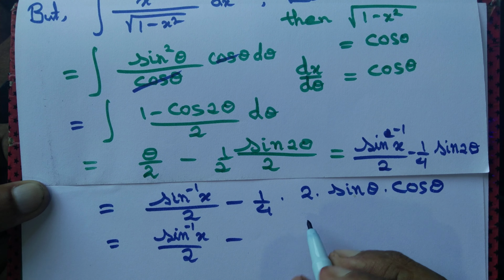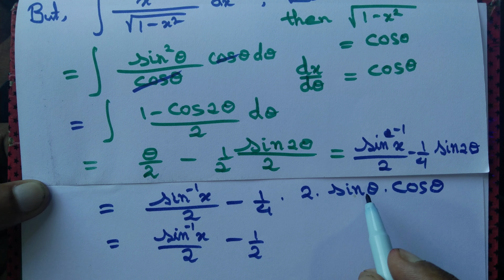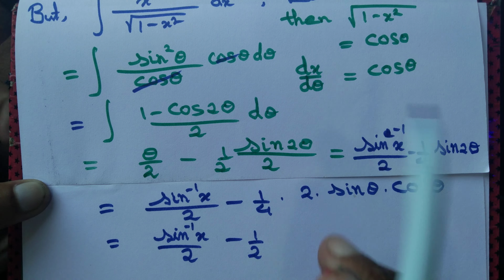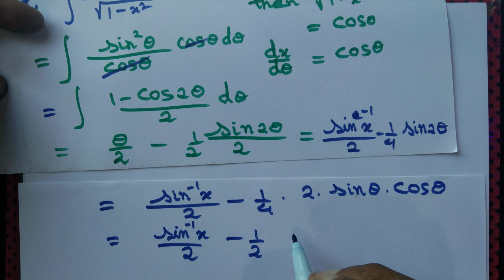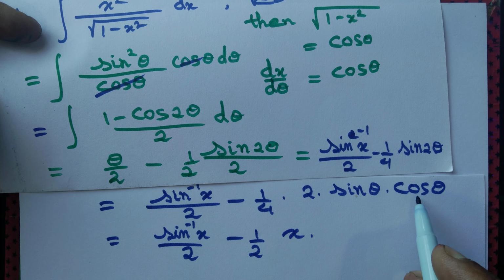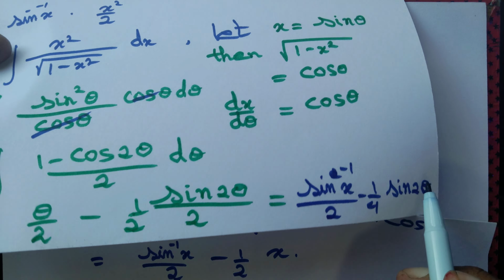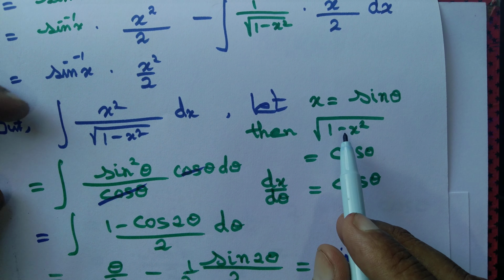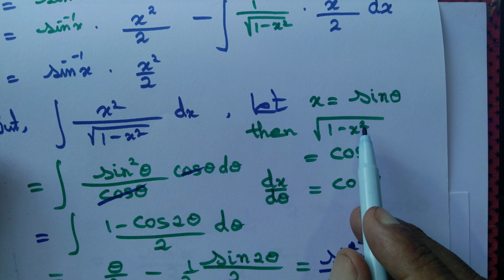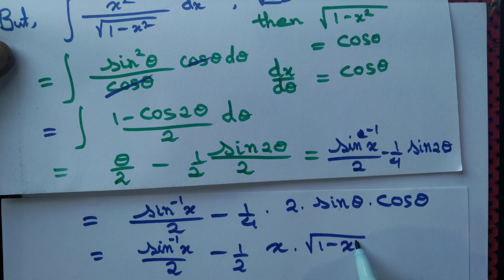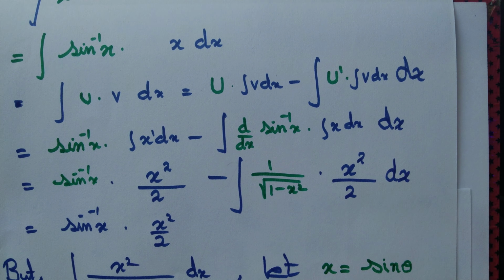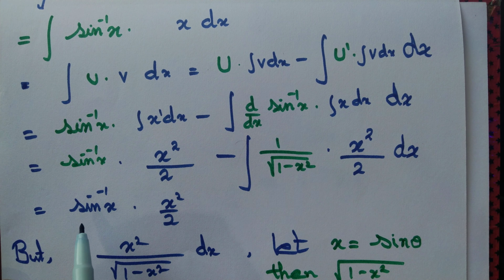We can cancel 2 out, so half. Sine theta is just x. What about cos theta? If sine theta equal to x, cos theta is exactly equal to root over 1 minus x square. So root over 1 minus x square.